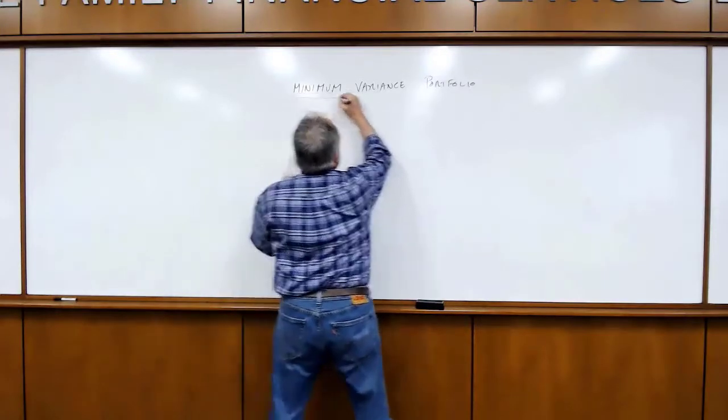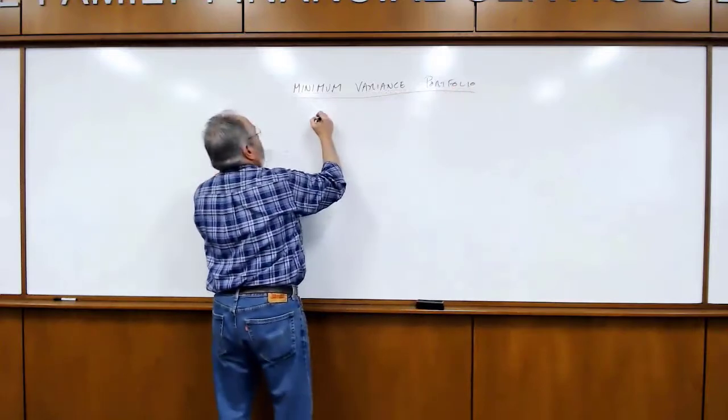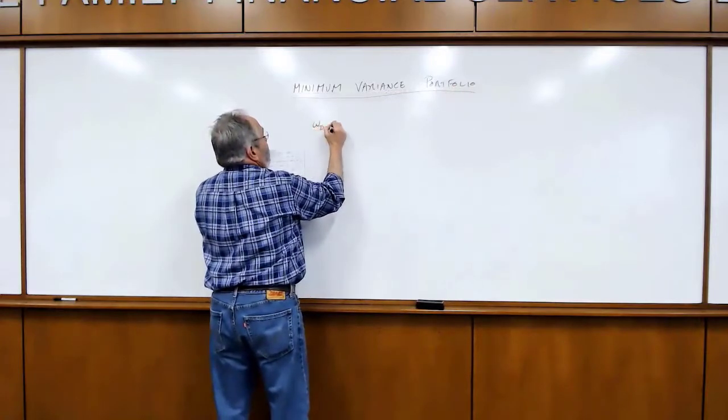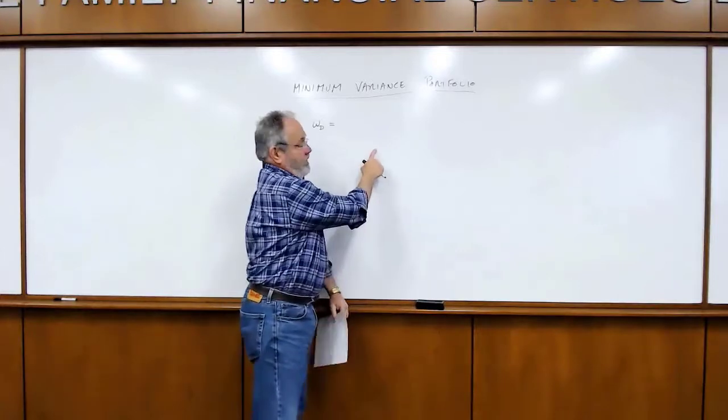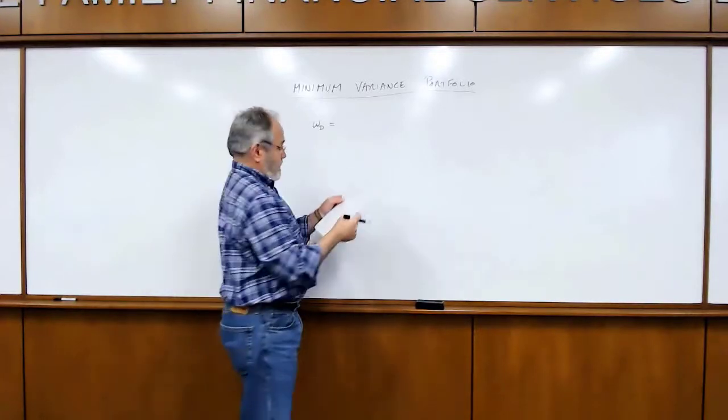So we have the weight in debt. This is to construct that portfolio. It's at the minimum of variance, right?